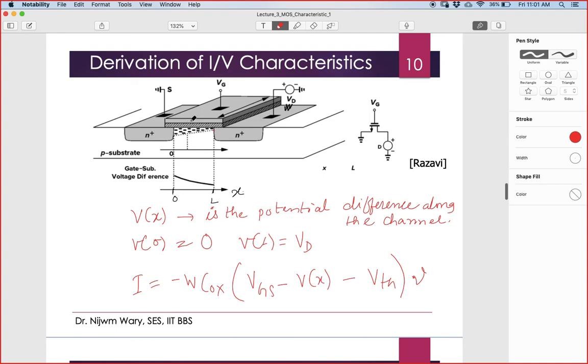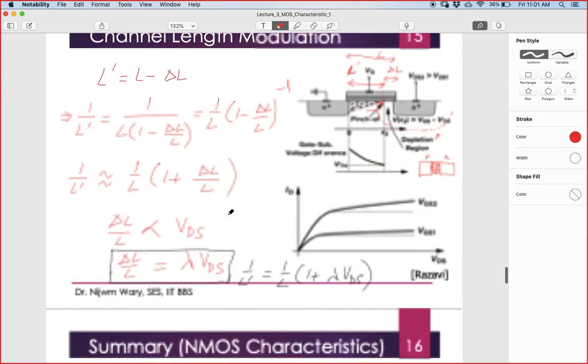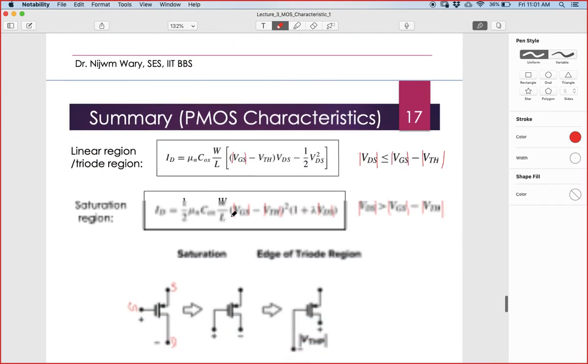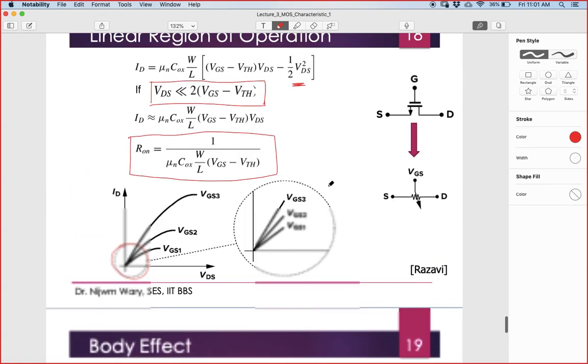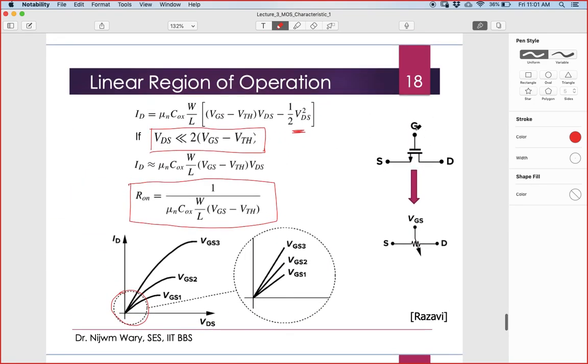The charges are flowing through this, and it has some resistivity, and this resistivity is directly controlled by the gate potential. The higher the gate potential, the lower the resistivity because there will be more carriers. But if VGS is lower, the carriers are fewer, and the resistivity will be higher.